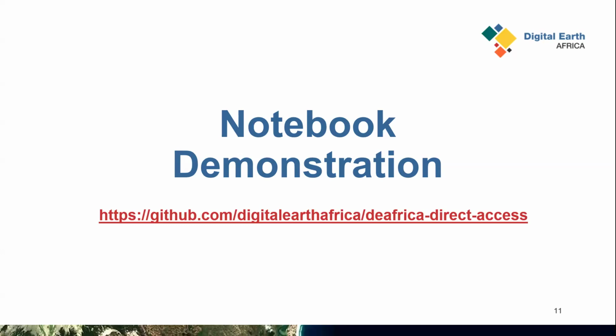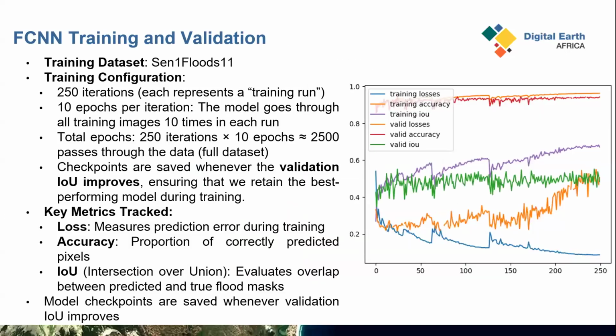Oh, you're asking for an explanation of the IOU? Okay. So the three main things that we're tracking: we spoke about loss, which is prediction error.